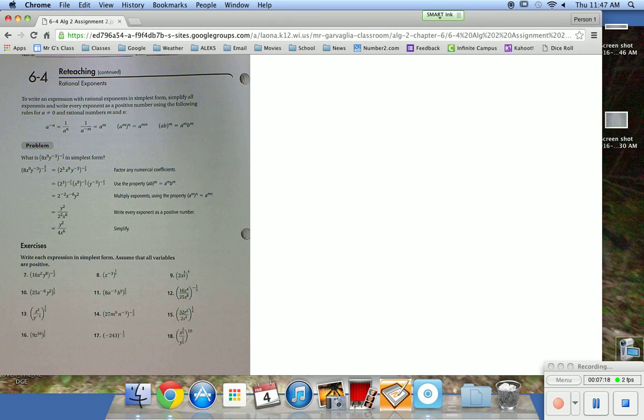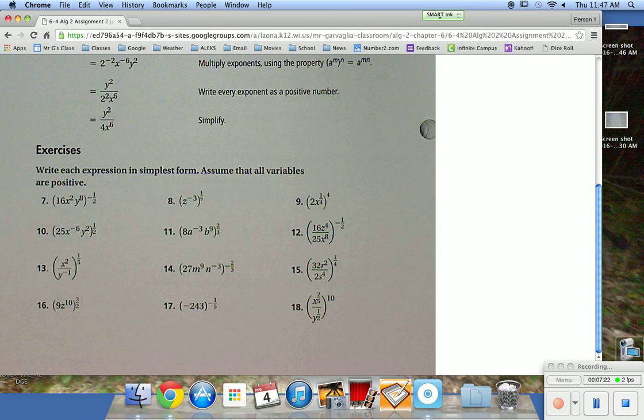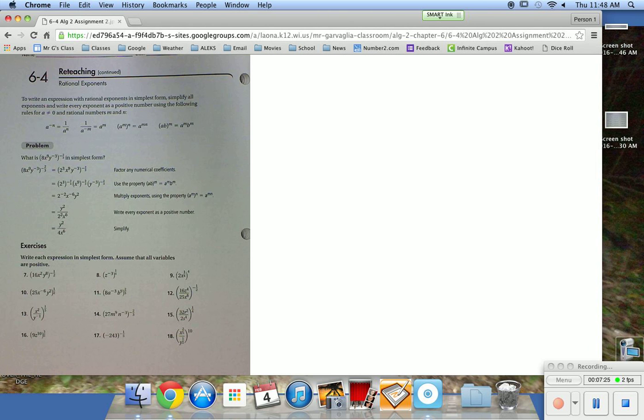Let's take a look at what we've got here. We have to raise these to a power. X squared to the third: I'm taking x to a power and raising it to a power.